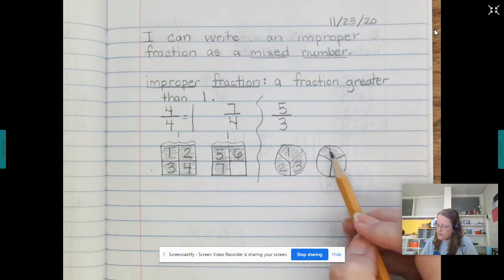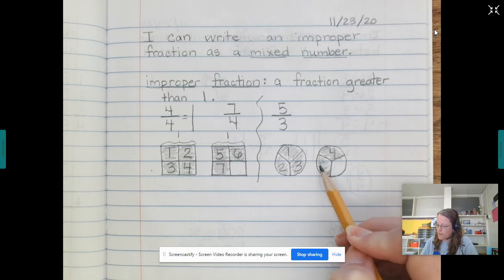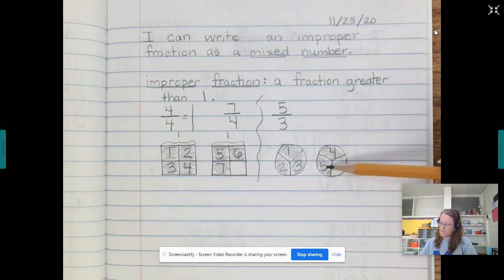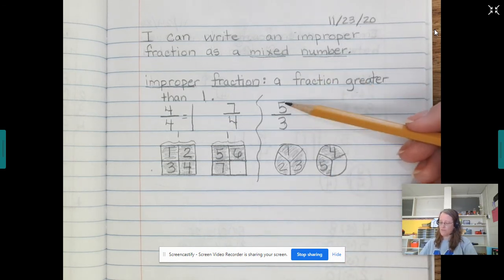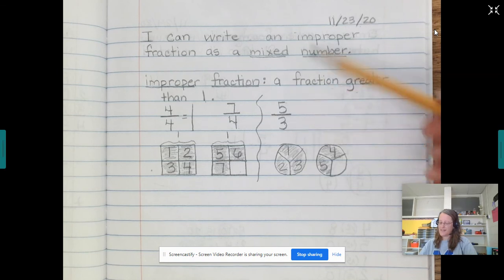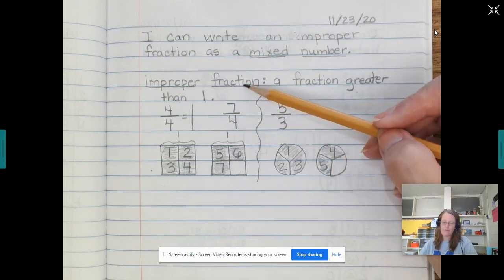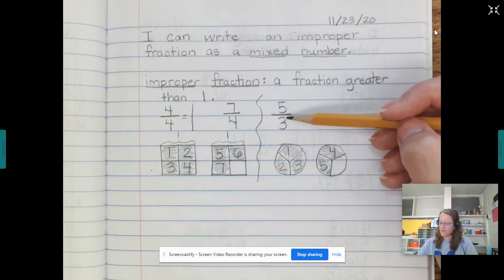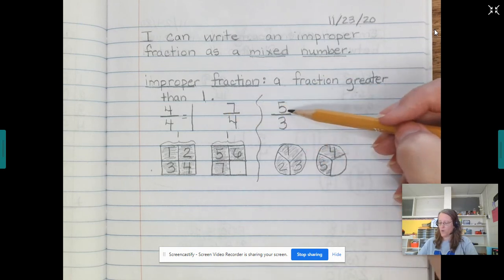Here's 4/3, and here's 5/3. So we know that 5/3 is an improper fraction. It's a fraction that is greater than 1.